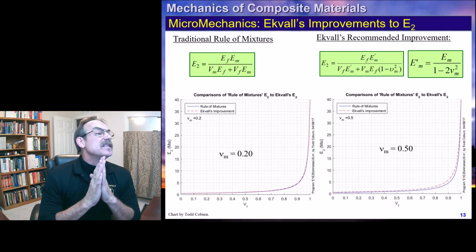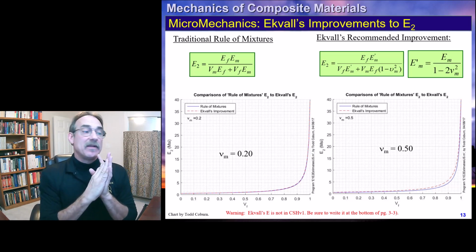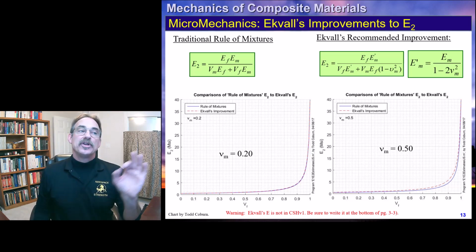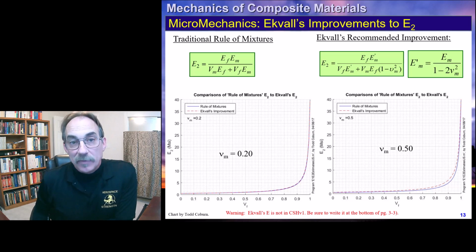At 0.2, there's not really a hill of beans of difference, but at 0.5 you do see some noticeable difference. It's not very much, but it's noticeable. Once again, students of Aero 40360, make sure you write these into your handbook, and you can stick them on the bottom of this page. Also, those of you in industry who may want to use this in the future can do that.